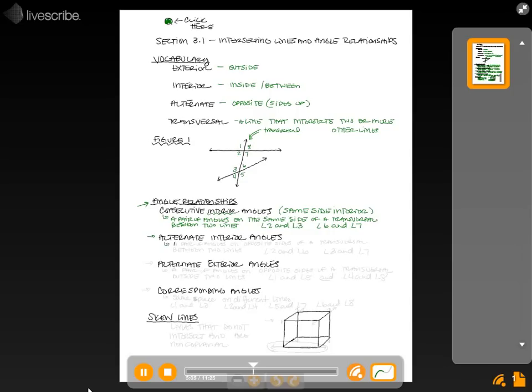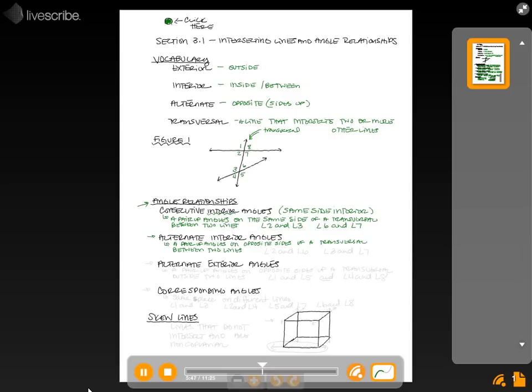So for this angle relationship, it's a pair of angles on opposite sides of a transversal between two lines. Okay, let's say it again. Alternate interior angles are a pair of angles on opposite sides of a transversal between two lines.